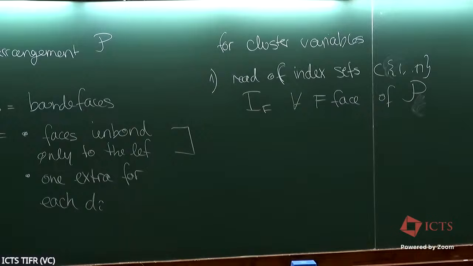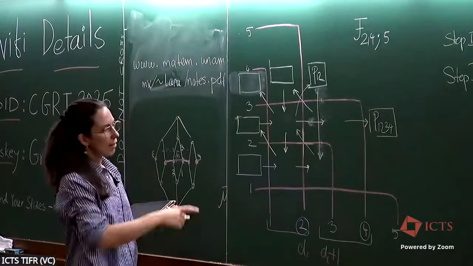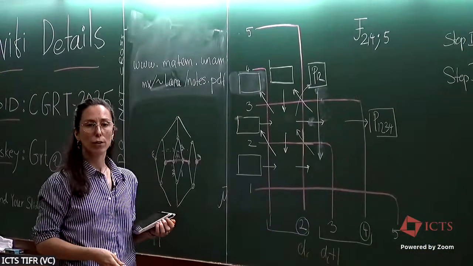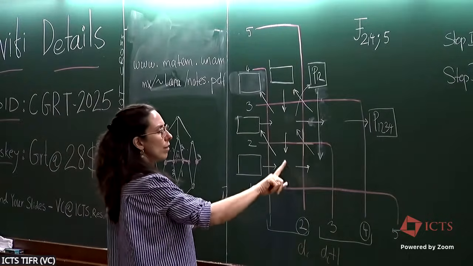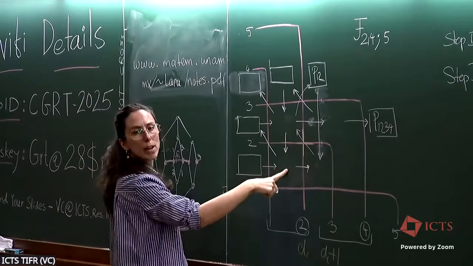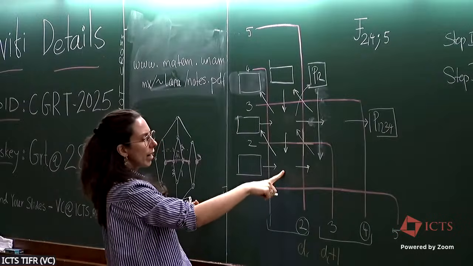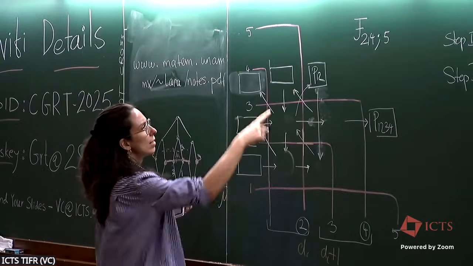And the rule for reading them off is I record all the indices of lines that are either north or east of my face. So if I do this, for example, here, let's start here.